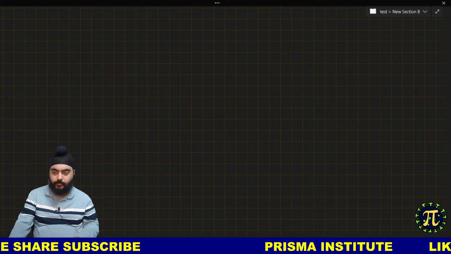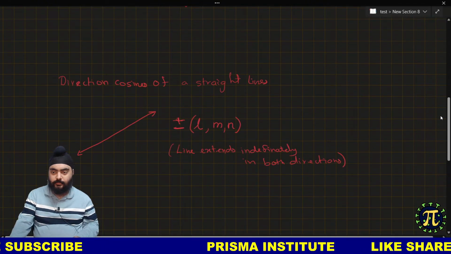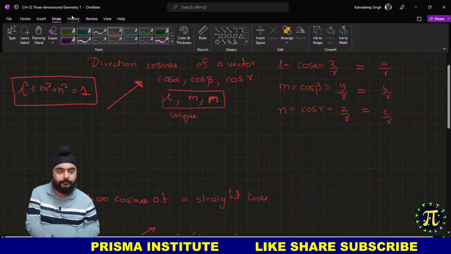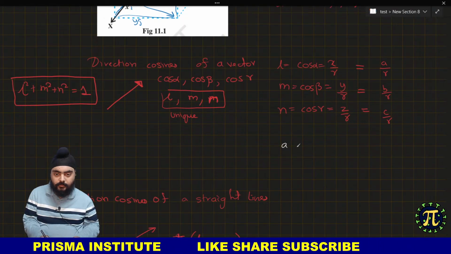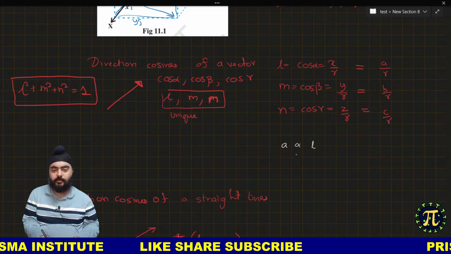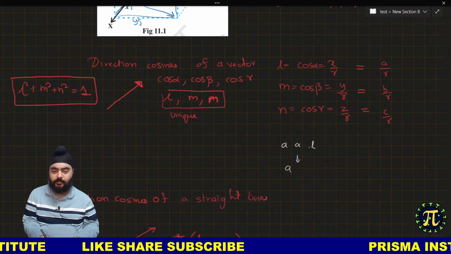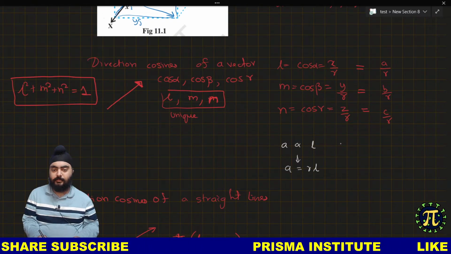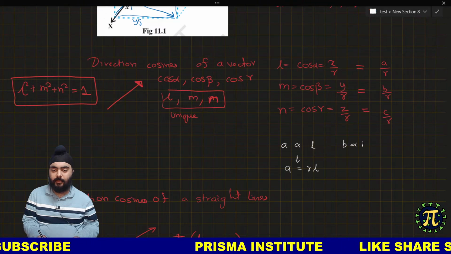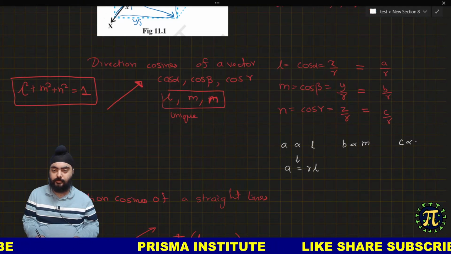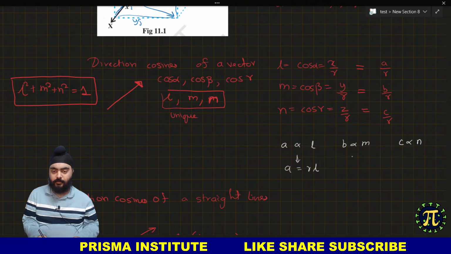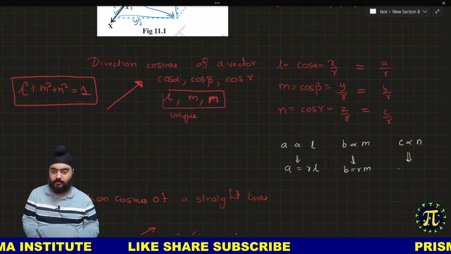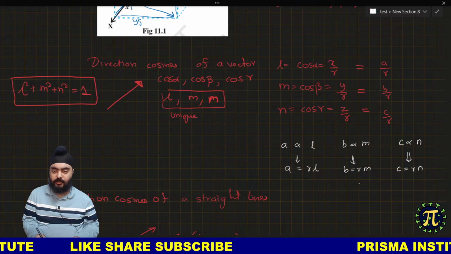You can also say A is proportional to L, and the proportionality constant here is R, right? You can say K times, but you will find the result is A is R times L. And similarly B is proportional to M and C is proportional to N, and we find B is R times M and C is R times N, and there are two equations, right?